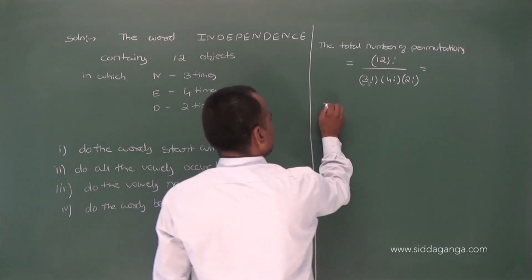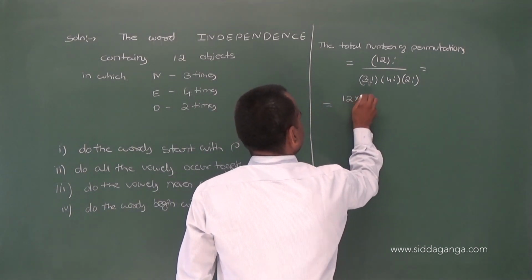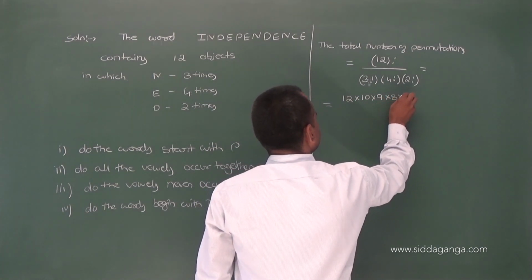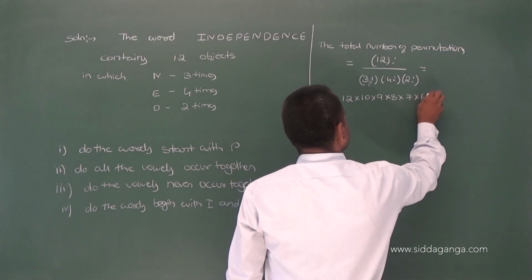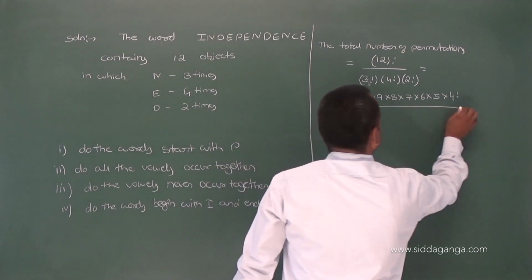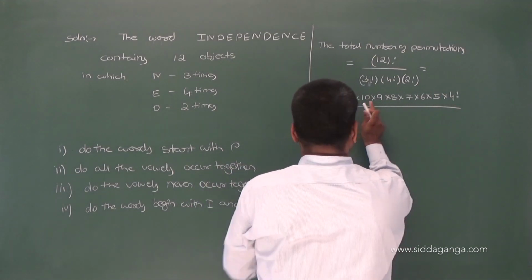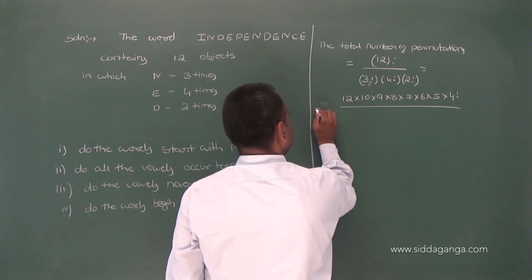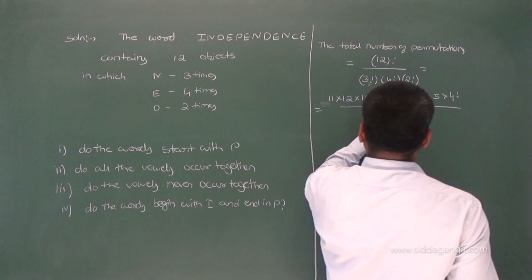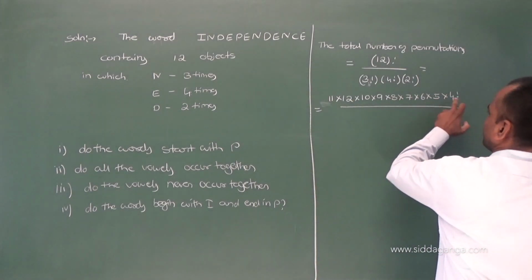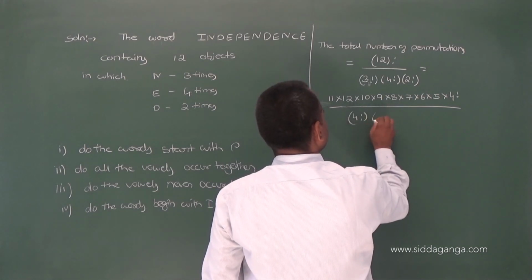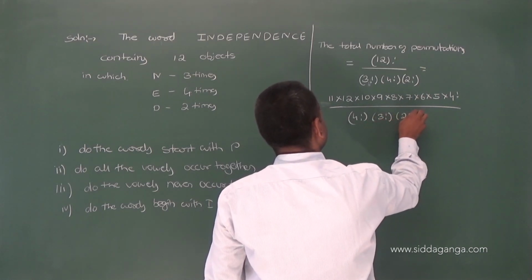So 12 into 11, 10, 9, 8, 7, 6, 5, 4 factorial, divided by 4 factorial, 3 factorial, 2 factorial.